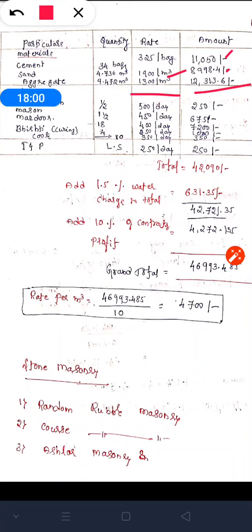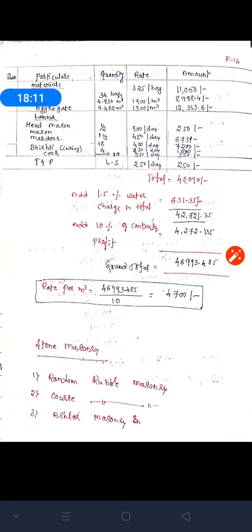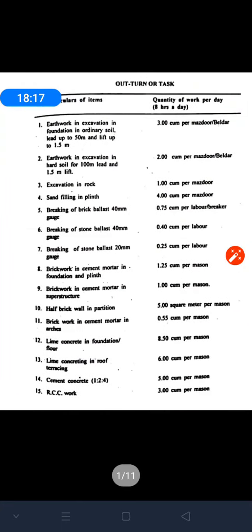Then after that we should move on to the labors. Here we have a CC bedding, a cement concrete bed, so we move on to the first page.